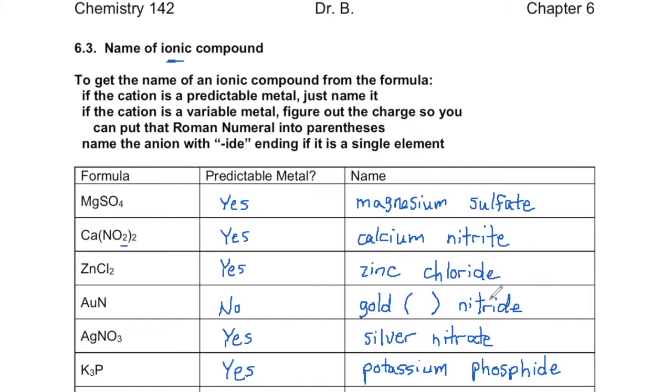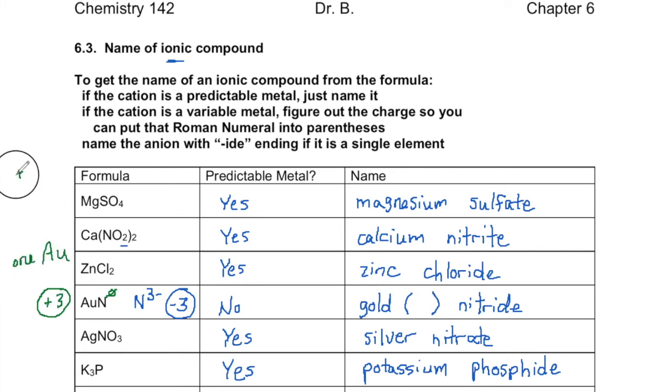Gold nitride is not the correct name. We need a Roman numeral. Nitride, we know, has a -3 charge. So our total negative charge in this compound is -3. So that means our total positive charge has to be +3 to make this an overall 0 charge compound. We have 1 gold and we have a +3 charge.